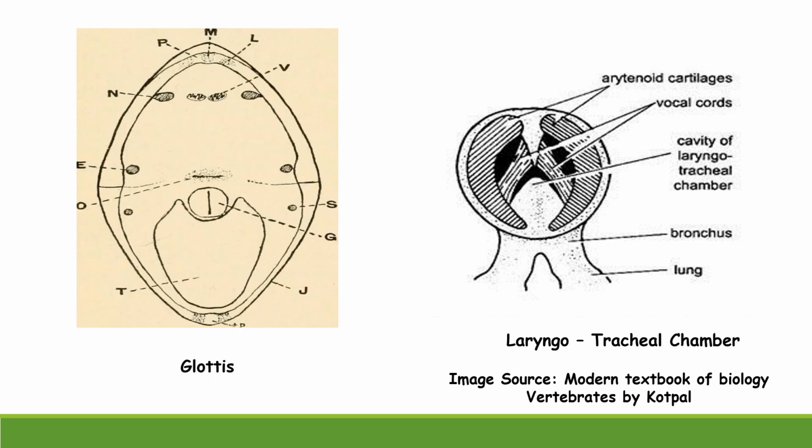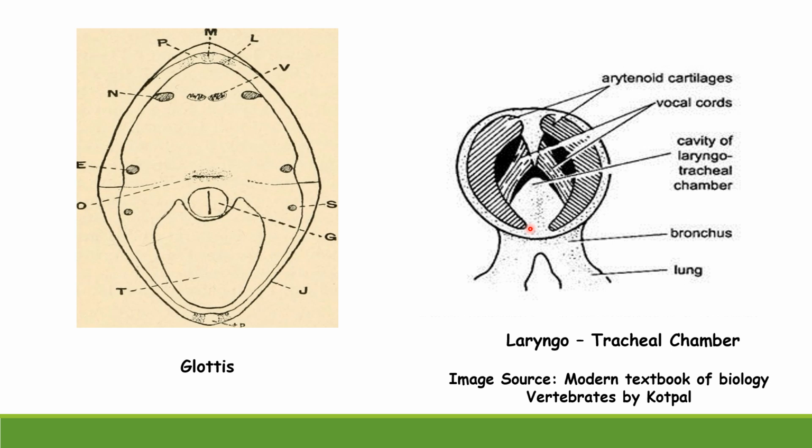So here in this diagram, we can see the slit-like structure on the floor of the pharynx near the buccopharyngeal cavity. This is the glottis. This glottis further opens into a chamber, known as larynx or laryngotracheal chamber.